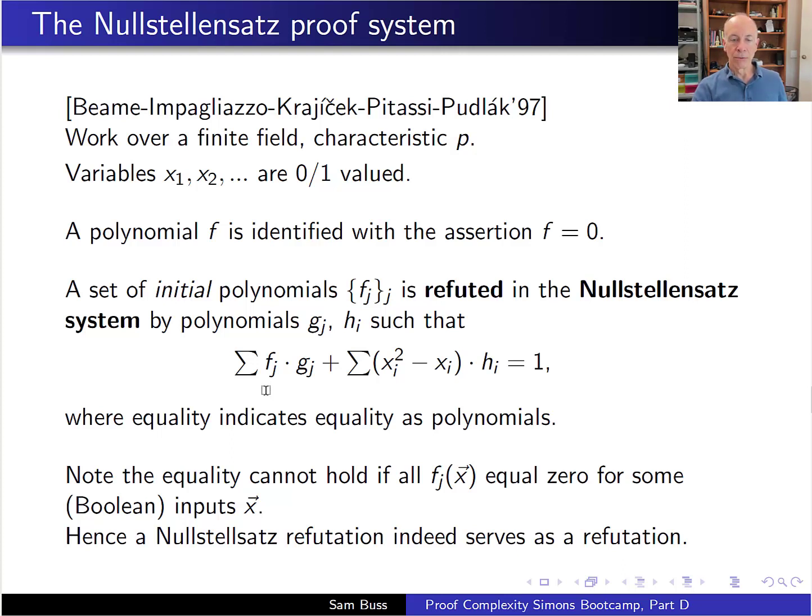So what we're getting here is a Nullstellensatz refutation as a kind of static proof. You write out just a single equality, and if this equality holds, there's no way to simultaneously set all the input polynomials, the fj's, to 0. So it serves as a refutation to the assertion that the fj's are all equal to 0 at once.